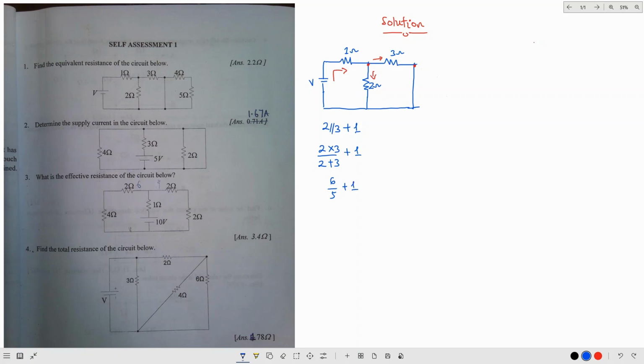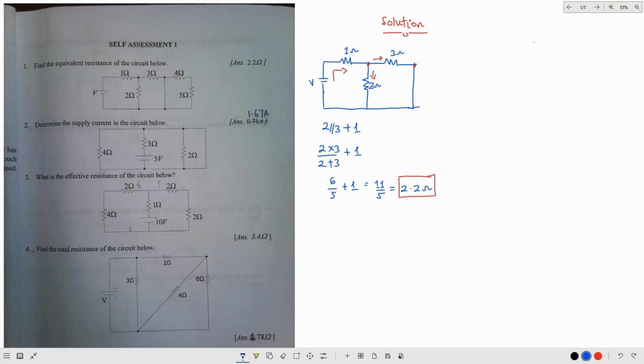So 6 on 5 plus 1 will give us a value of 11 on 5, which is equal to 2.2 ohms. So at the end that will be the equivalent resistance in this circuit that we have here.